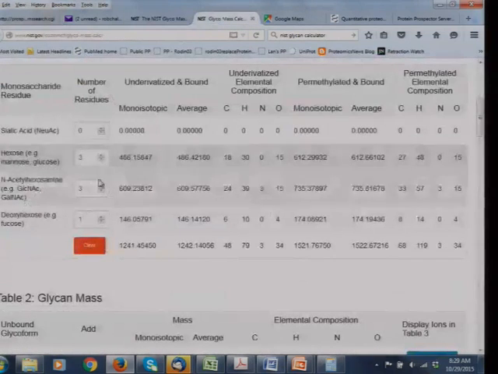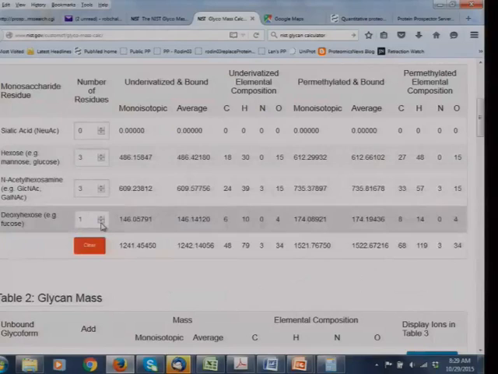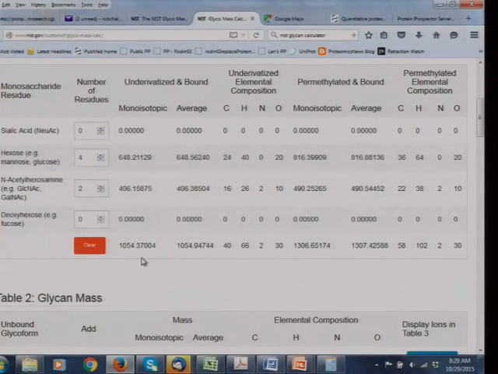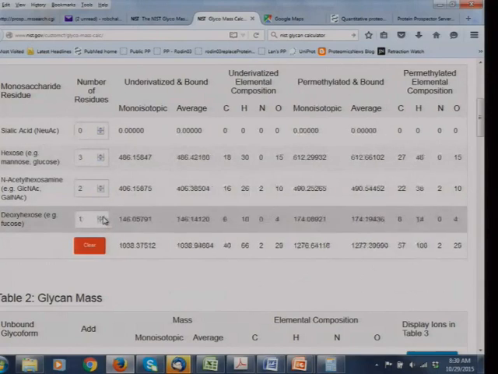So can we come up with a composition that's 1037? Let's go back to where we started from. So it's not hexosamines and hexoses, but if I do that, I suspect that's what it should be. Why is it not that actually?